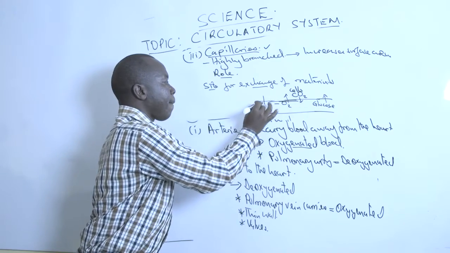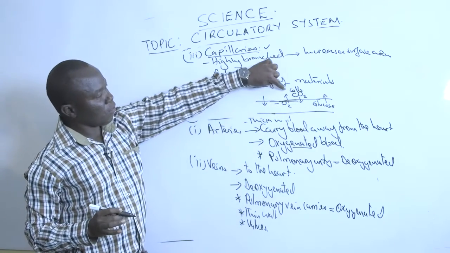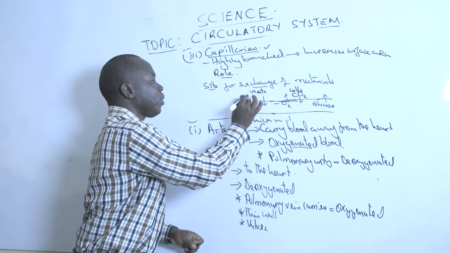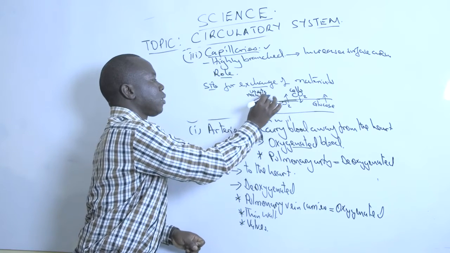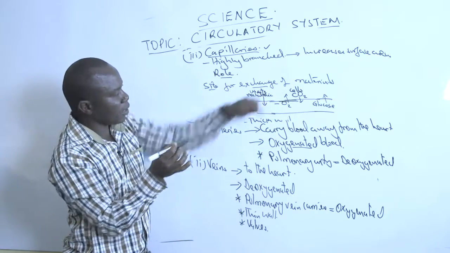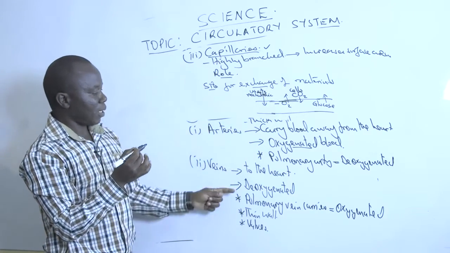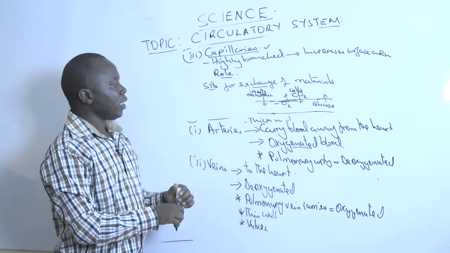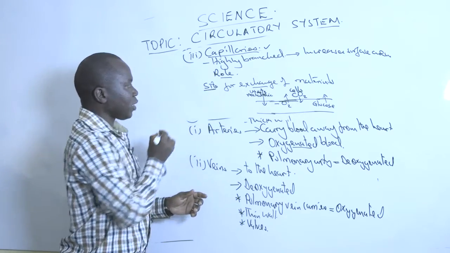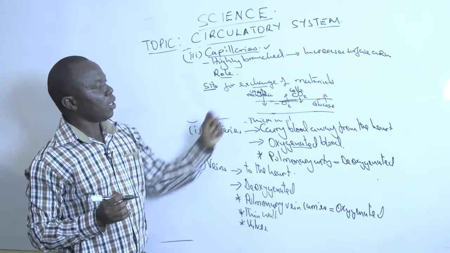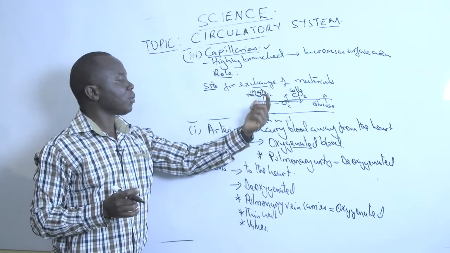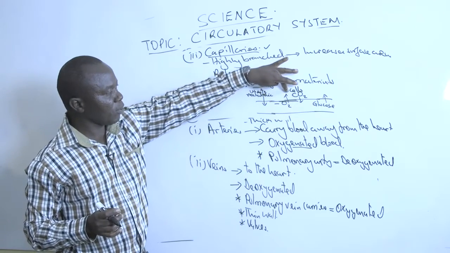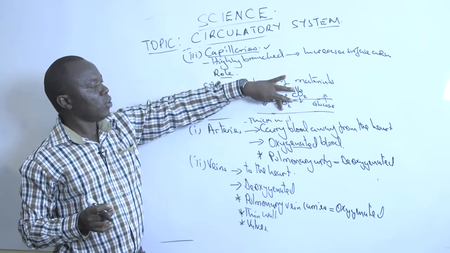And waste metabolic products from metabolism of cells will diffuse from the cells into the blood in the capillaries, which will be carried to the veins and then to the site of excretion. So, emphasis: site for exchange of materials. We have seen materials like waste metabolic products, glucose, gases, carbon dioxide from cells into the blood, and oxygen from the blood into the cells.